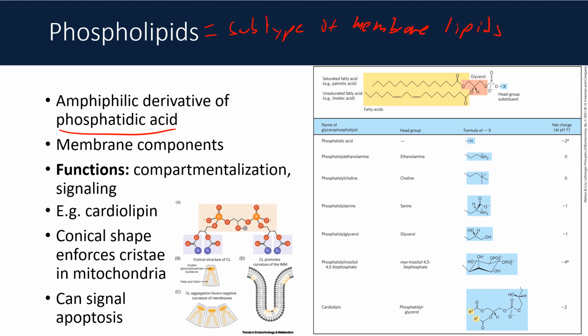And therefore, it's going to be amphiphilic. And that amphiphilicity is really important for enabling its role as a membrane lipid, and for two different reasons.